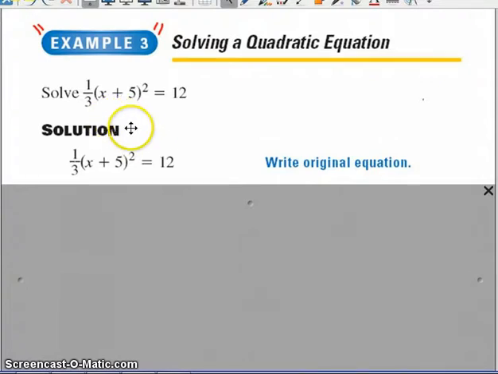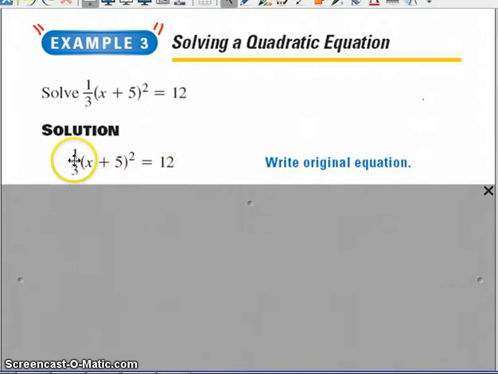In fact, it's very tempting, and many students do get a question like this and feel like, well, I might as well multiply x plus 5 times x plus 5, and end up foiling that. And what they end up with is a standard form quadratic equation that's actually harder to solve than where they were originally.